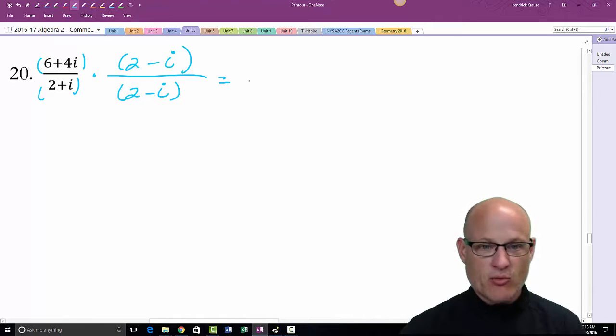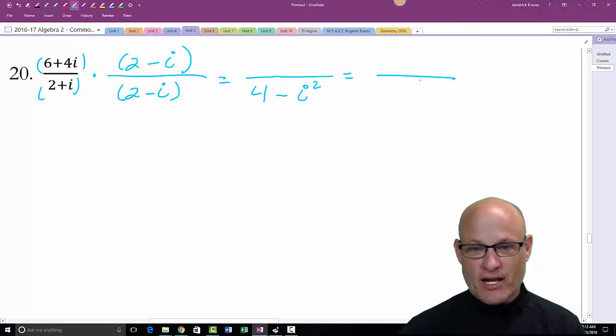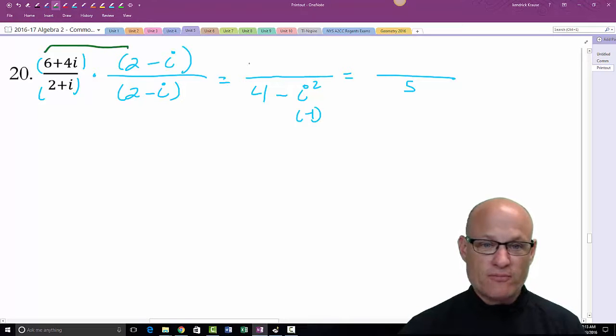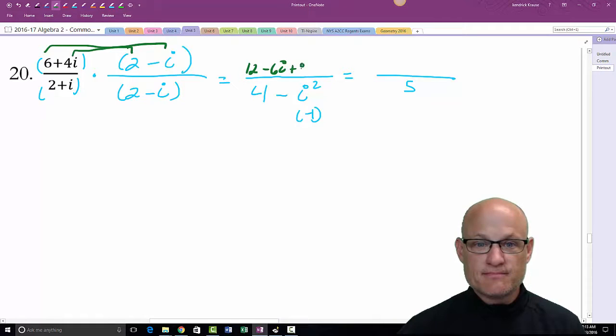So in the denominator, we're going to double distribute. So I get 4 minus i squared. I'm going to take care of that right now because this is -1. So negative makes positive. So that's just 5. That was easy. All right, let's double distribute this numerator. I get 12 minus 6i plus 8i minus 4i squared.